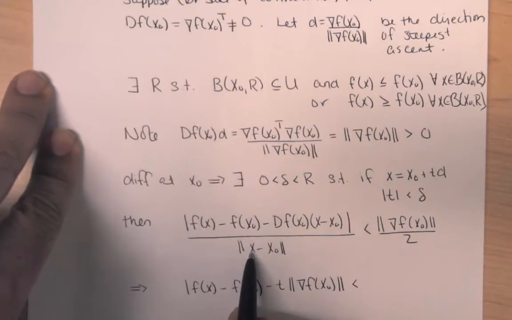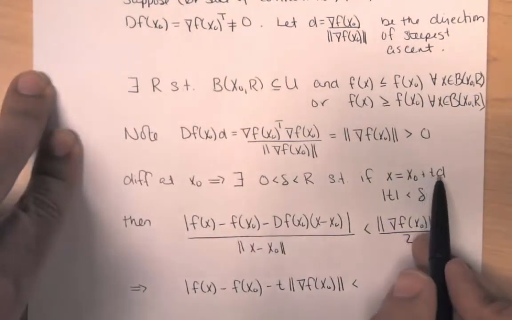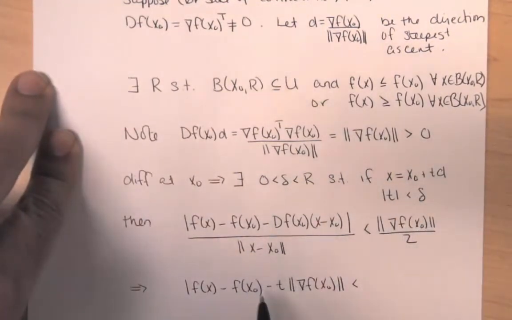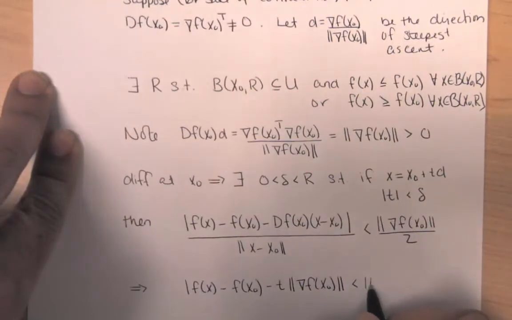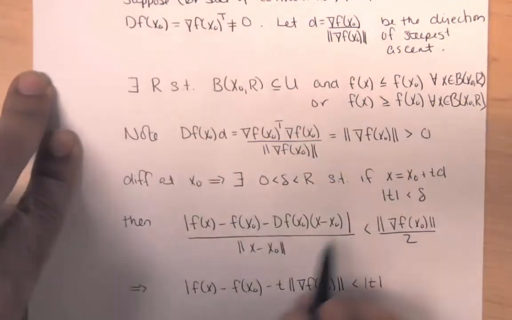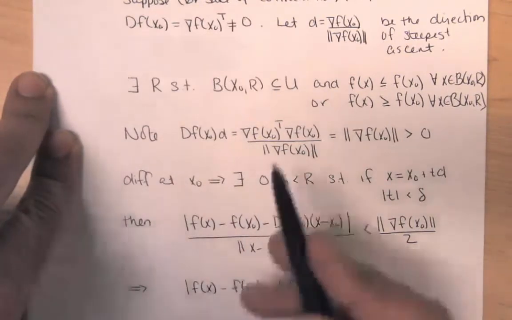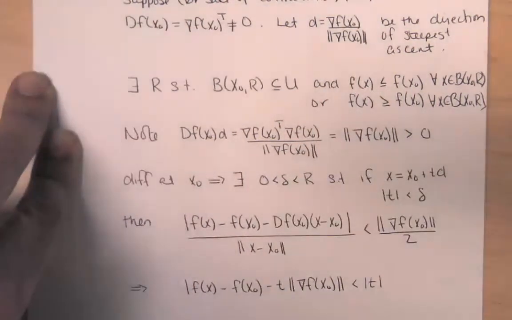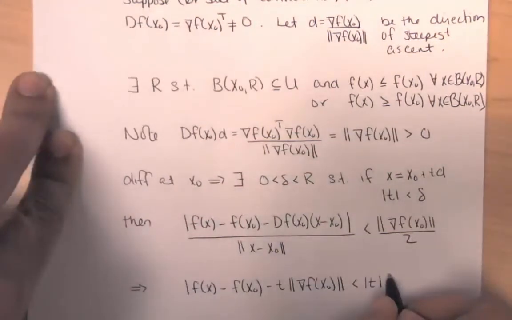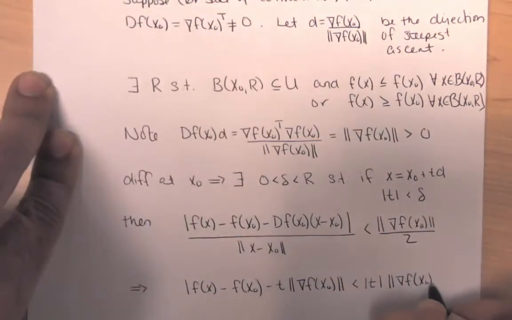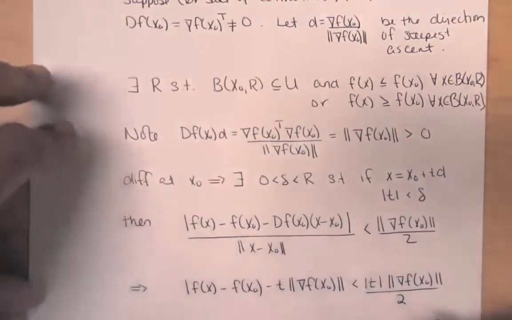X minus x naught is t times d. The norm of that is the absolute value of t, and I'm going to multiply to the other side, times the norm of d, which is 1, because d has been normalized, times the norm of the gradient divided by 2.